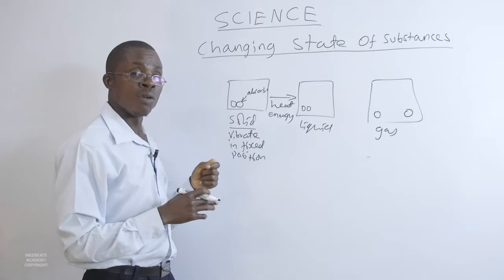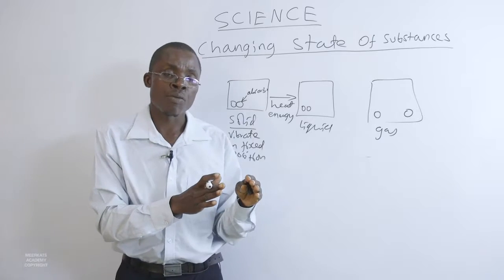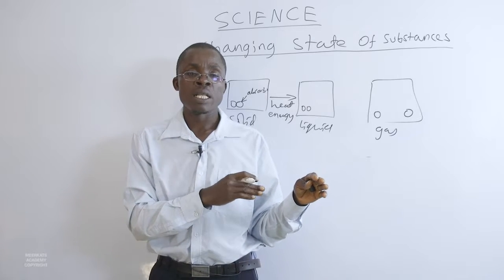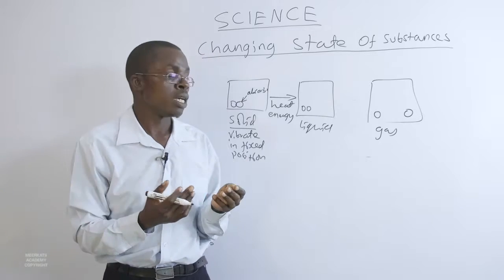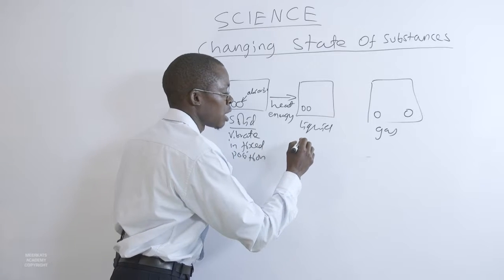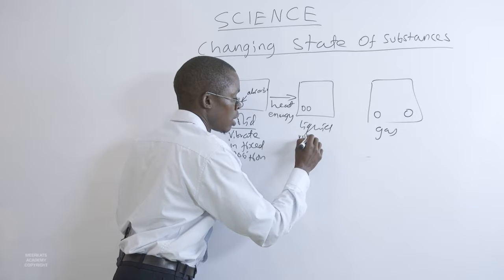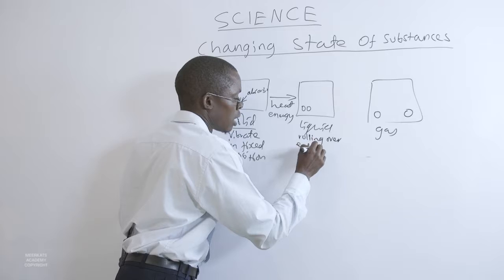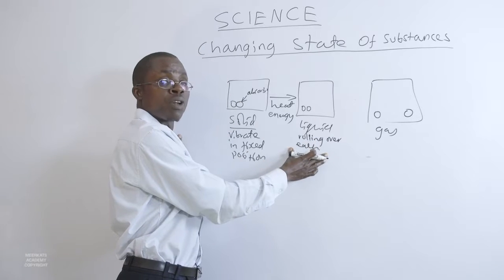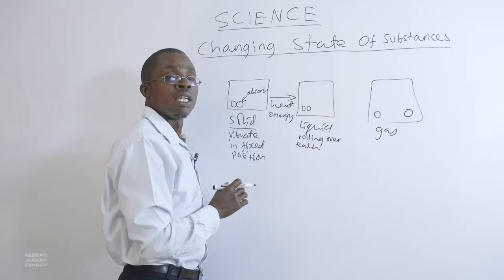As they break off, moving a little bit far away from one another, they now become a little bit more free to move, and the particles start rolling over each other.